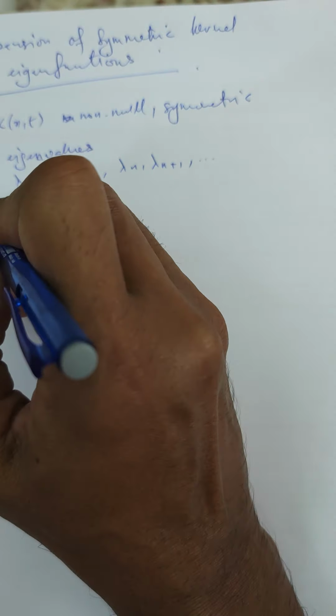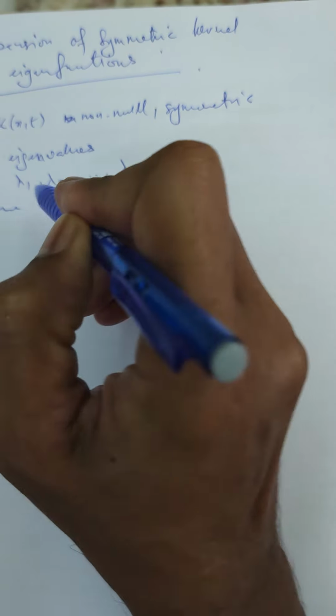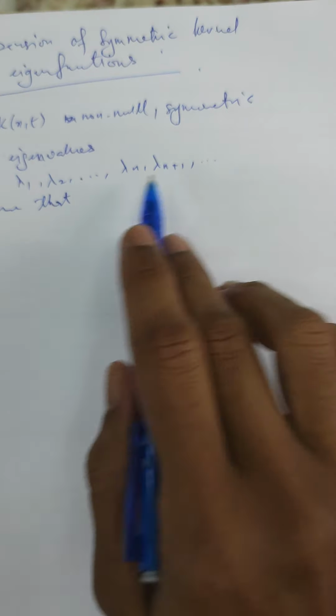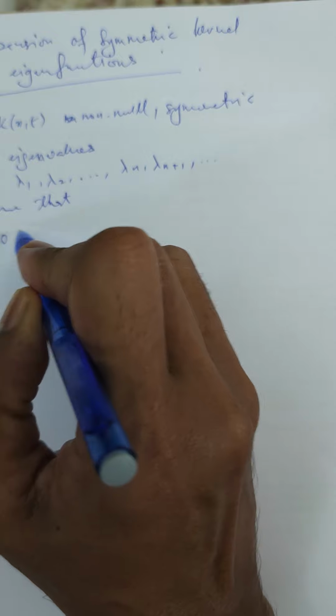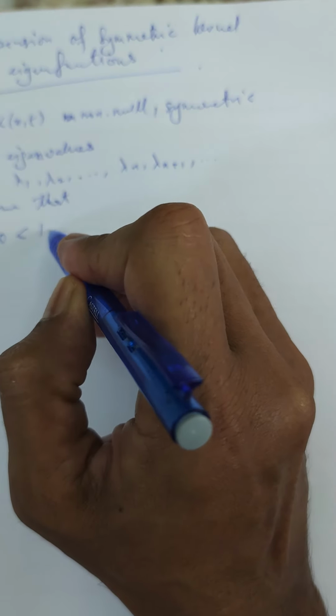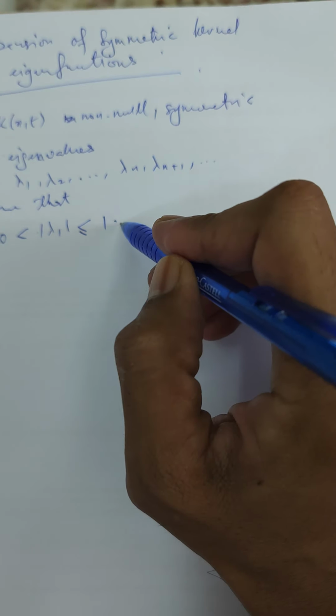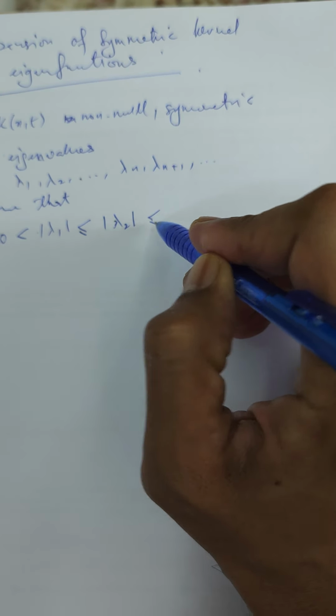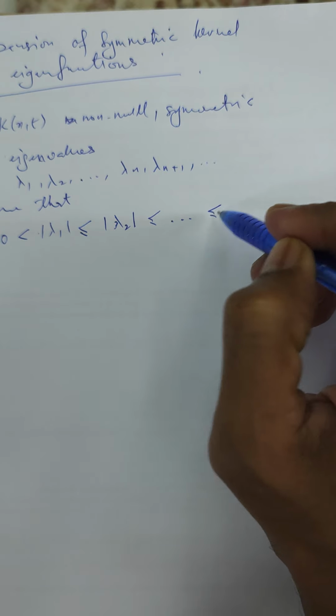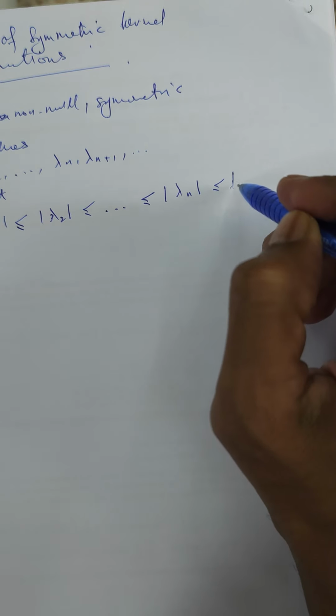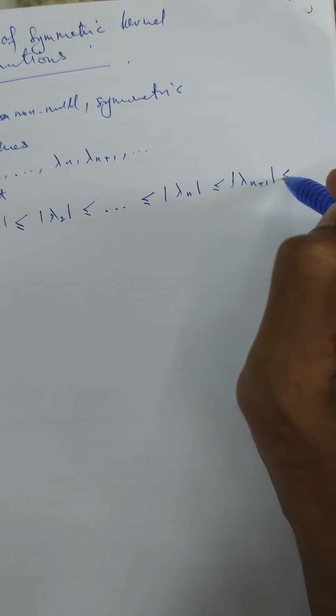All right. And we assume that we arrange them in such a way that the absolute value of the eigenvalues has this kind of order: lambda 1 less than or equal to lambda 2 less than or equal to lambda 3, and so on, lambda n, lambda n plus 1, and so on.